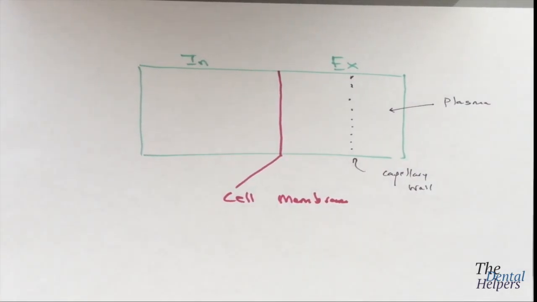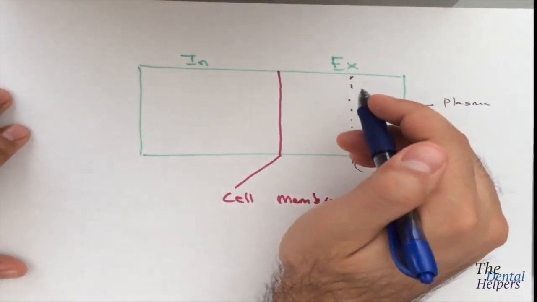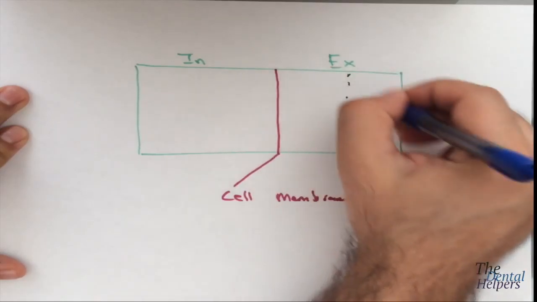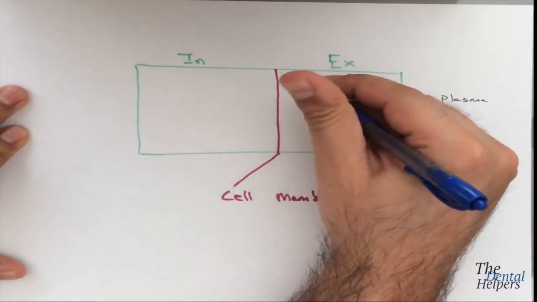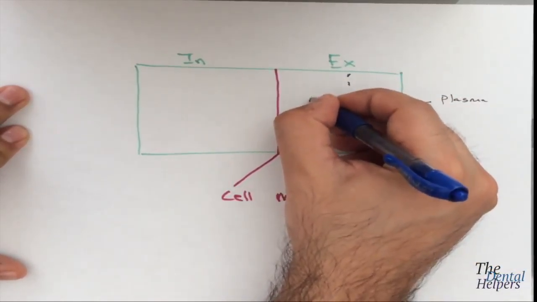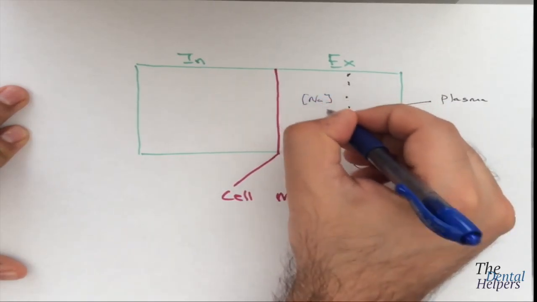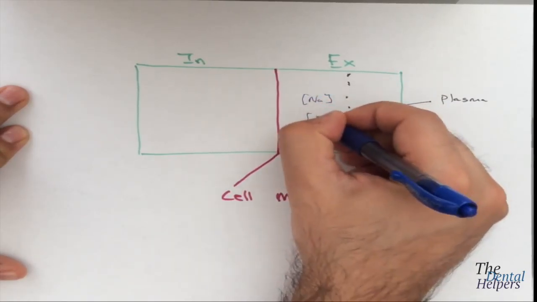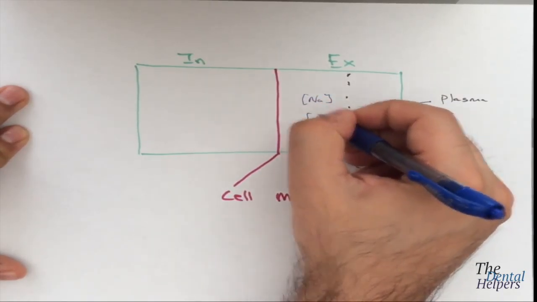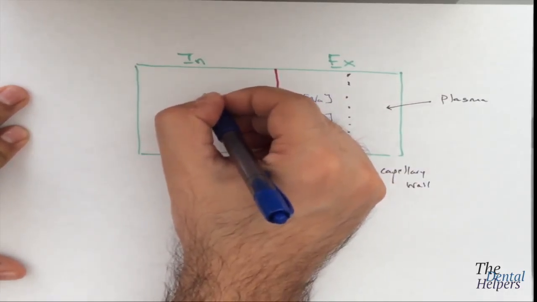So if we were to look at what's inside of each of these, what we're going to find is there's some interstitial fluid in the extracellular. And the big thing is we're going to look at the sodium concentration versus the potassium concentration. And that's going to differ between the intracellular and the extracellular.